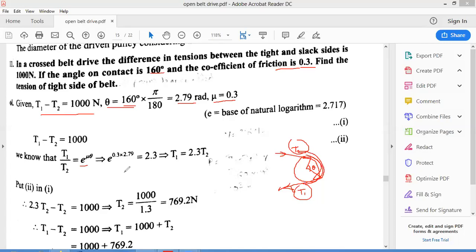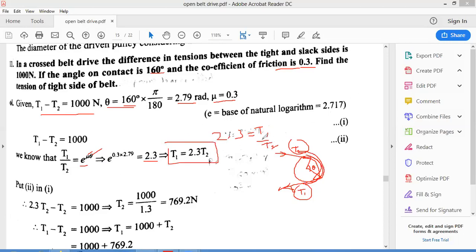Theta we know, mu value we know, so substituting these values, we convert this into the natural logarithm values and ultimately get 2.3, which is equal to T1 by T2. That means T1 is equal to 2.3 times T2. That is what is written over here.